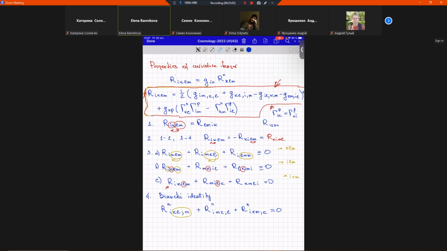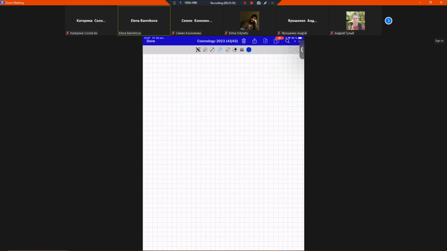So, for example, let's prove it and see which trick we can use here. It's a trick usually used in general relativity, which is why I would like to present this proof.